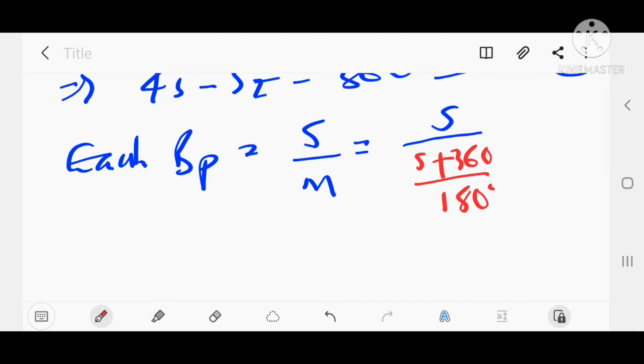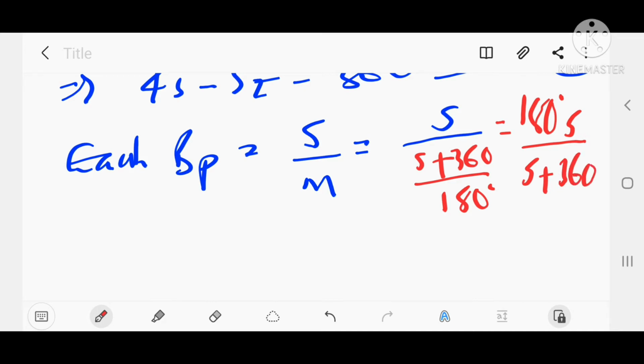If you simplify it further, this is division of fractions, so we have 180s on (s plus 360), forgetting the degrees.